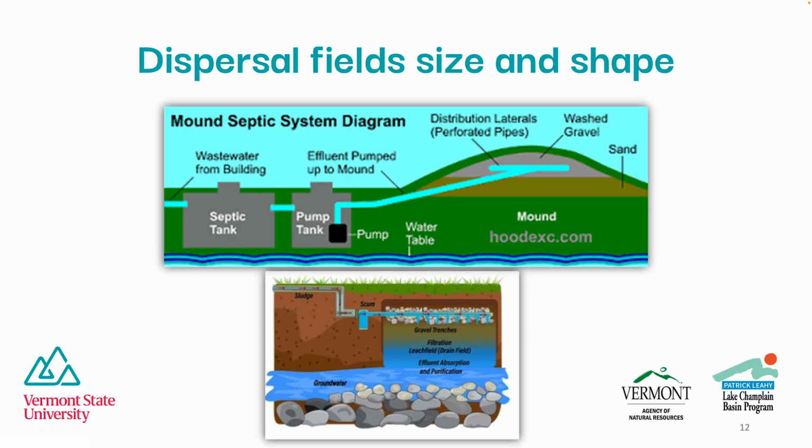Dispersal field size and shape. There are rules for the depth of soil needed below the dispersal fields to groundwater or bedrock. And this is sometimes why a mound is needed. This depth varies based on whether your system is pressurized or not. Leach field width and length vary based on flow designs, soils, or use of an IA system.